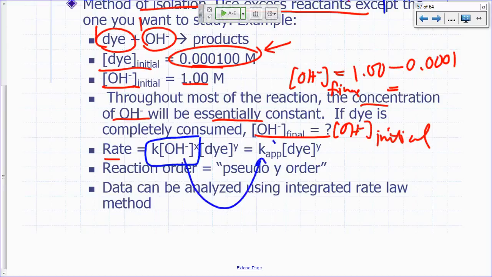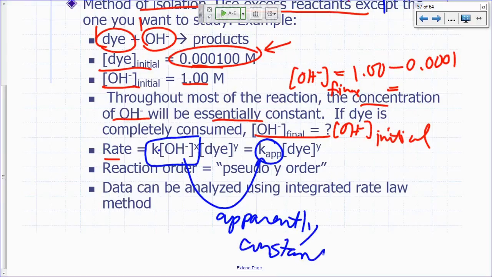So this will replace that with another constant. So the APP there means apparent. So that's your apparent rate constant. So that expression right there is apparently constant. So we replace that by K subscript APP. That means apparent rate constant.